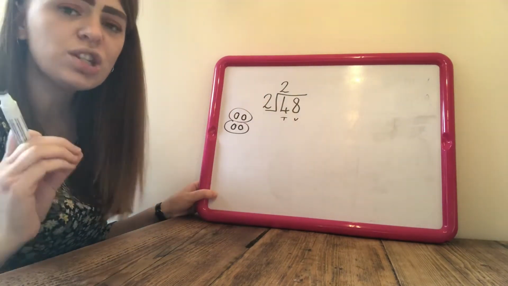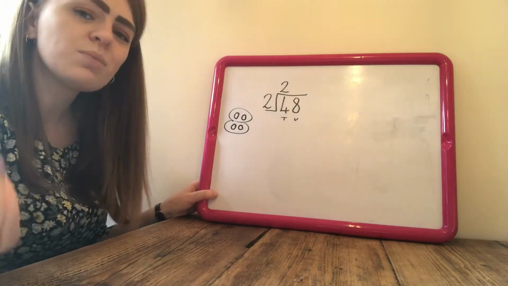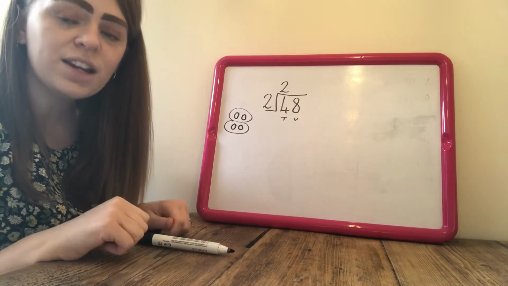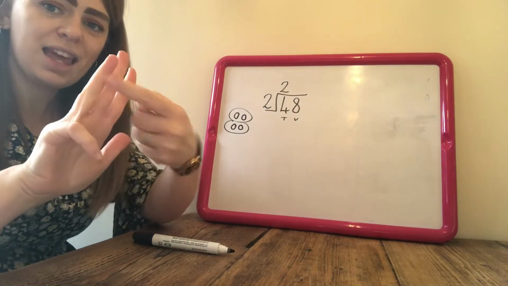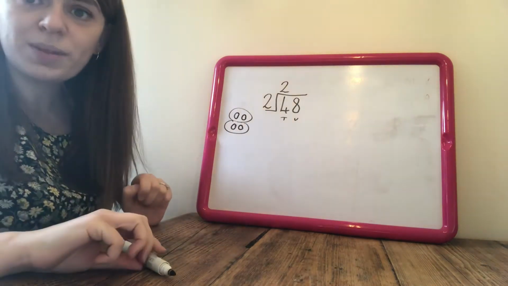I want to know how many 2's are there in 8. Now, you can just solve this using your knowledge of the tables. You might just know, well, 2 times 4 equals 8. You might want to count up using your fingers in 2's: 2, 4, 6, 8, and you can see that there's still 4. Or you can do the groups again.